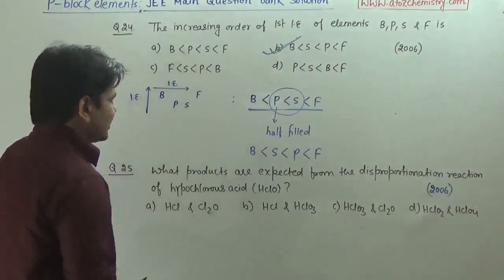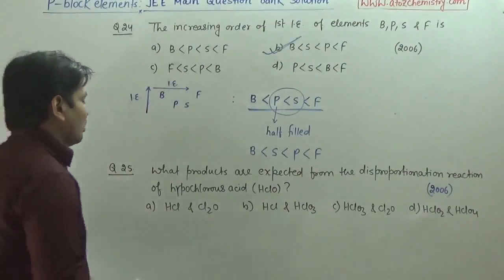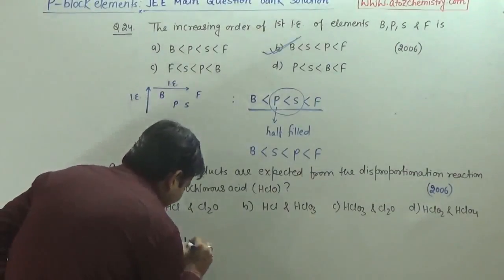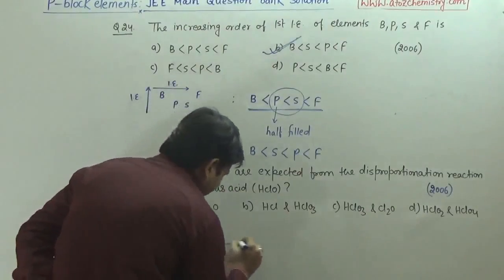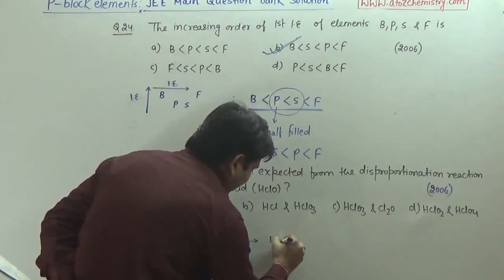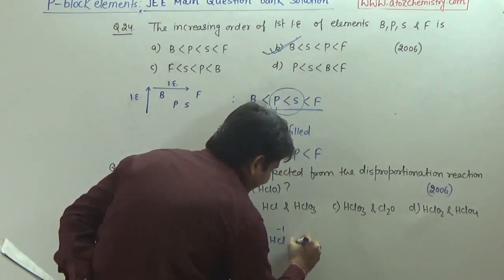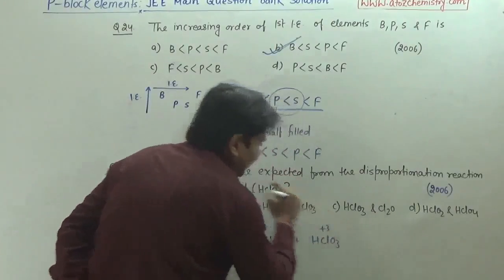The question is: what is the disproportionation product of HClO? In HClO, chlorine has an oxidation state of +1. On disproportionation, the possible products will be HCl, where chlorine is -1 and is reduced, and HClO3, where it is oxidized.